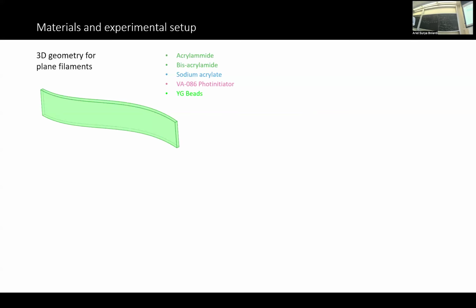And then some monomers of this other substance, which essentially introduces fixed negative charges in the polymeric network, which gives the material its active nature.